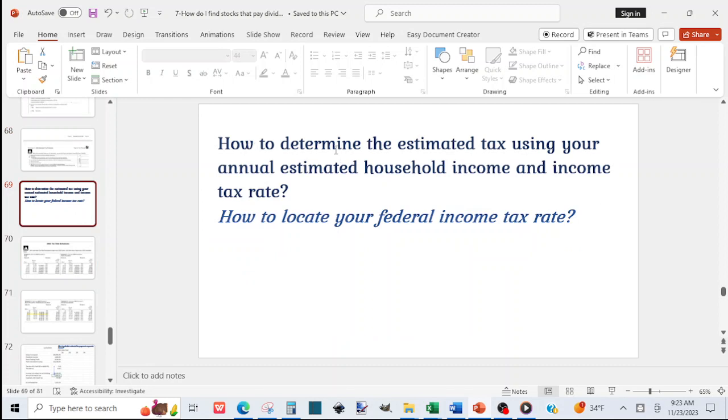So, how to determine the estimated tax using your annual estimated household income and income tax rate. First, how to locate the federal income tax rate.